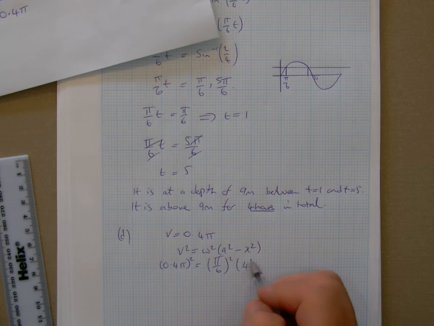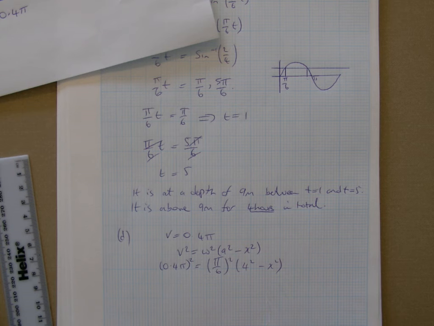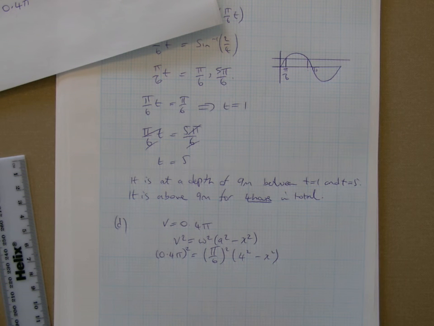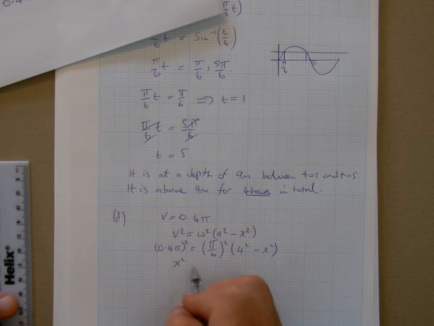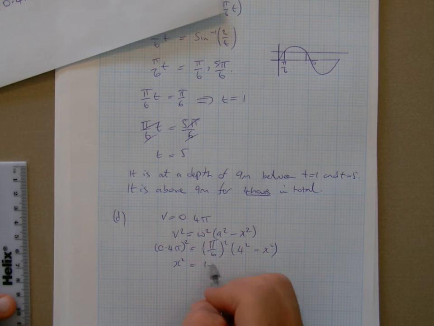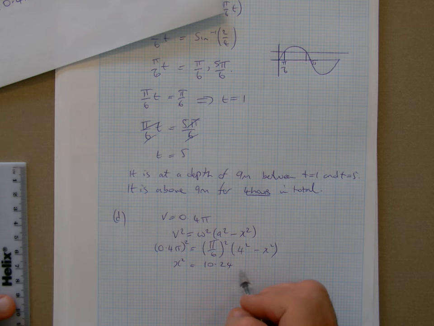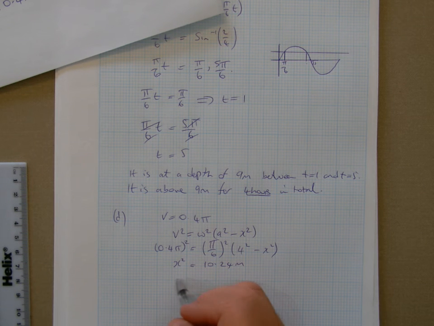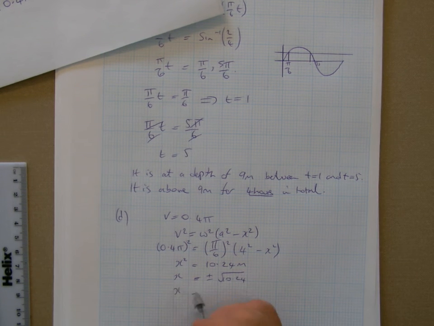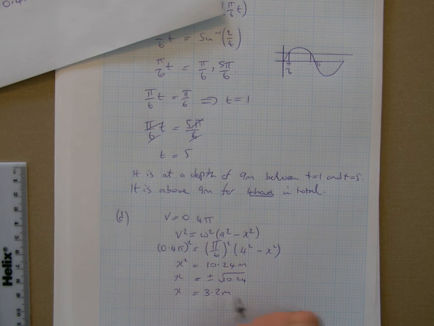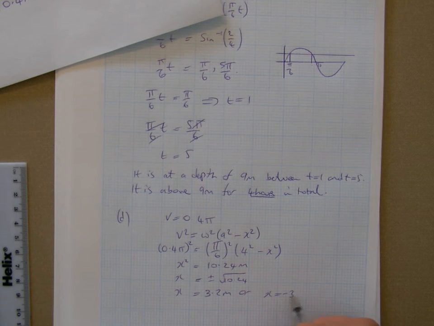A, the amplitude, is 4, and from there we can get our x. If you work that out, you end up with x squared being 10.24 metres, and you're going to have two answers because when you square root, you have plus or minus. So x is 3.2 metres, or x is minus 3.2 metres.